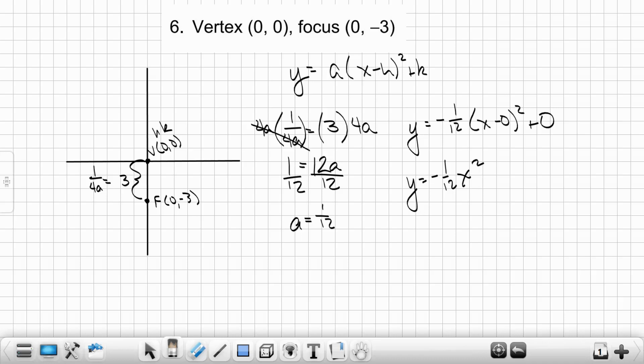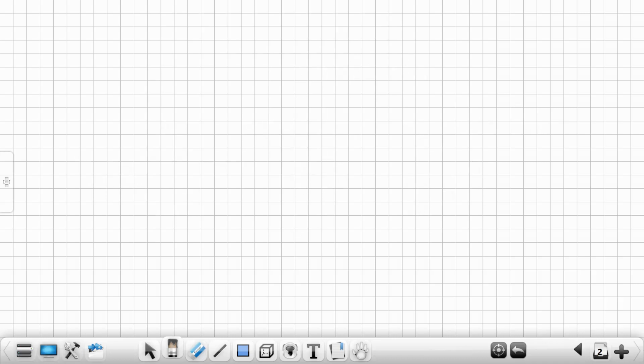Okay, so you guys need one little note to put in your notes for the value of p. It's actually very easy what p is. P is equal to 1 over 4a.